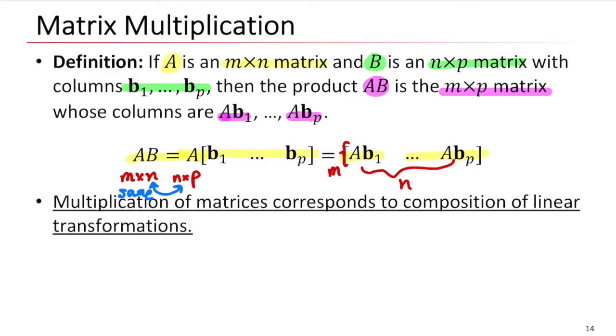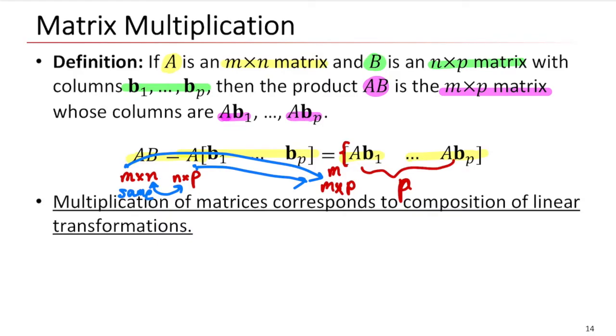Then these two terms will determine the size of the output as m by p. So this is the rule of matrix multiplication.